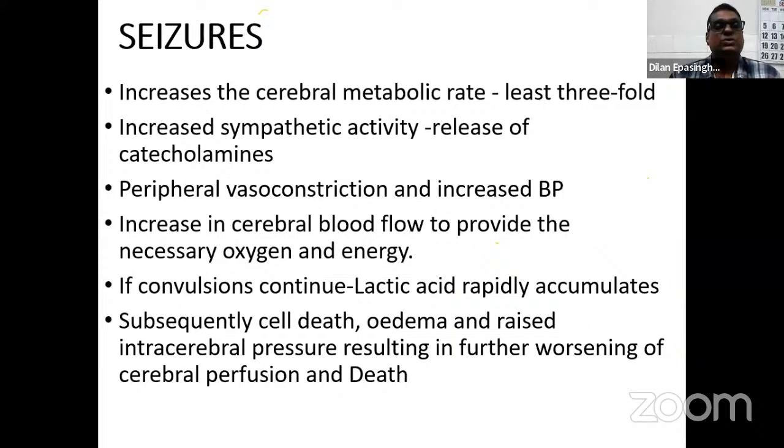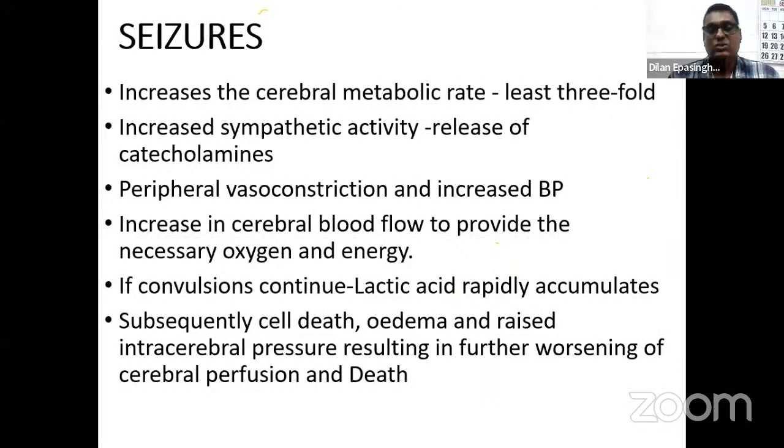Seizure management is very important. Seizures increase the cerebral metabolic rate, which will produce a sort of brain edema, and also increase your lactate level.